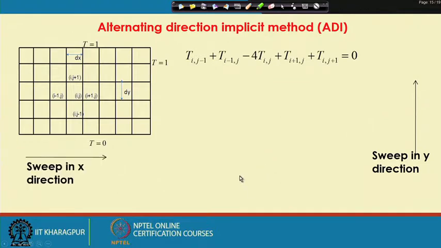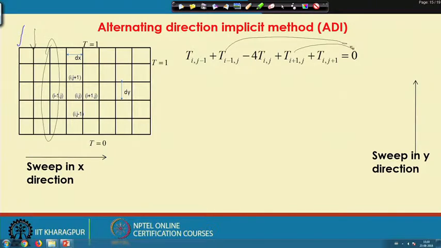Similarly, after the sweep in y direction is complete, you will have to do a sweep in x direction. That is, this is already known as the boundary, use a guess value for this line and then solve for this particular line, where this will be the guess, this will be the guess, and you will solve for T i j minus 1 minus 4 T i j plus T i j plus 1 is equal to some B star, which is formed using these guess values.